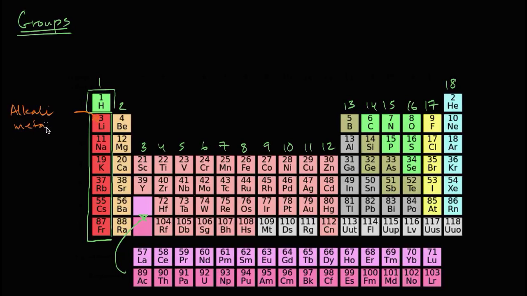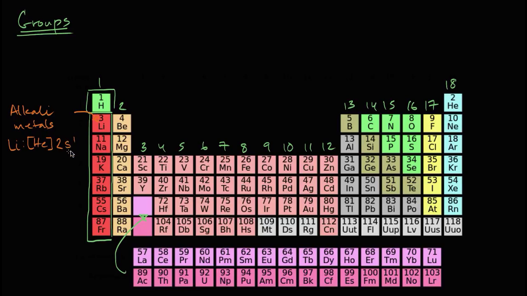metals. Now, why do all of these have very similar reactions? Why do they have very similar properties? Well, to think about that, you just have to think about their electron configurations. So, for example, the electron configuration for lithium is going to be the same as the electron configuration of helium. And then you're going to go to your second shell, 2s1.